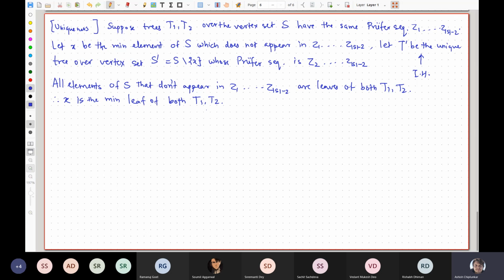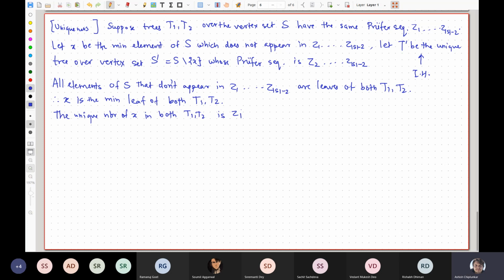Okay, so T1 and T2 agree on the leaf set. In particular, they agree on the identity of the minimum leaf. Now the unique neighbor of X in both T1 and T2 is Z1.